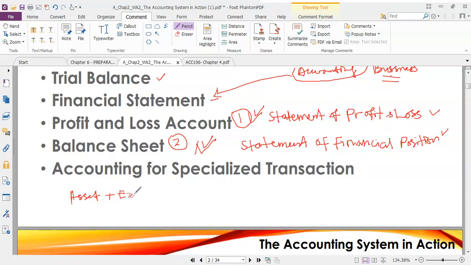Okay. Awak kena tahu formula ataupun equation. Okay, yang accounting equation yang penting yang you kena ingat dan kena hafal adalah asset plus expenses, plus borrowing. Okay, yang ini kena betul-betul ingat.